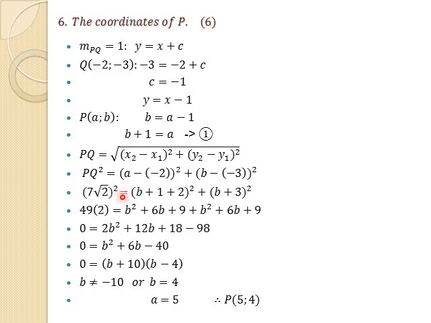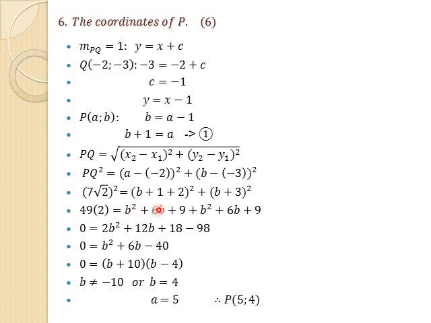Alright, so this now becomes (p plus 3) squared plus (p plus 3) squared. P times p gives me p squared, p times 3, 3p times 2 gives me 6p, 3 times 3 would give me 9. 7 times 7, 49, square root 2 times square root 2, 2.